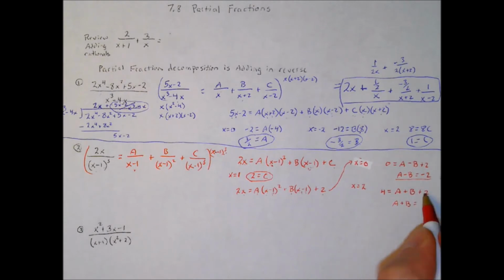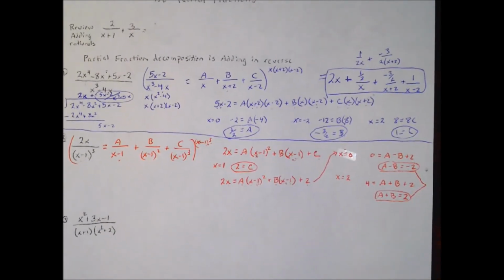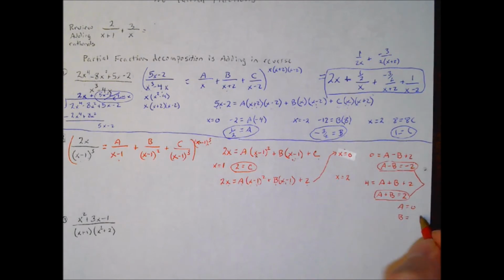So here I have my two equations, my a and my b, and you can choose whatever method you want to use here. Elimination is really nice to use because the b's will eliminate already. When you solve this, you get a is equal to 0, and b is equal to 2.